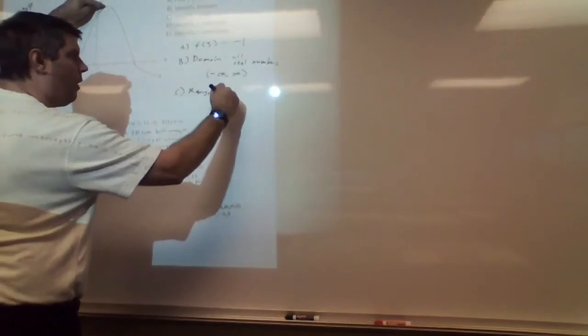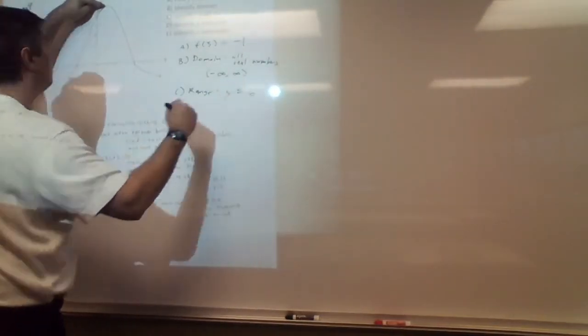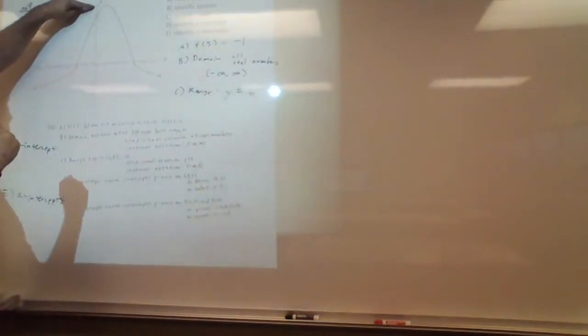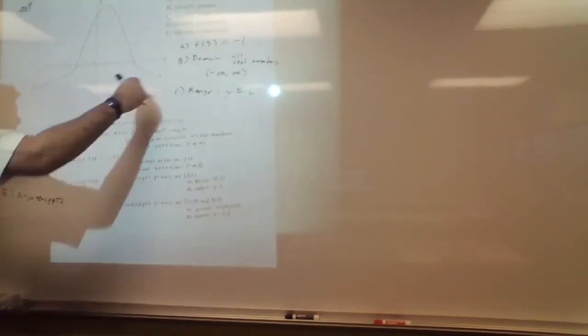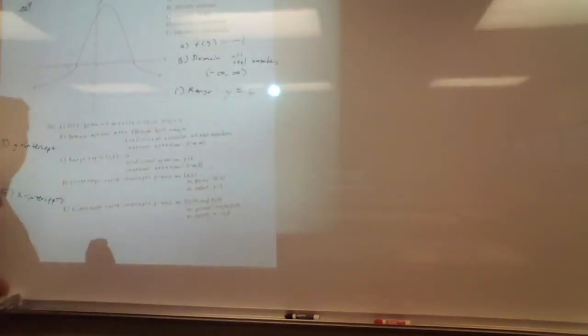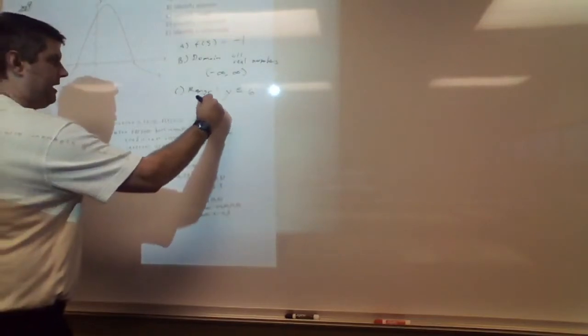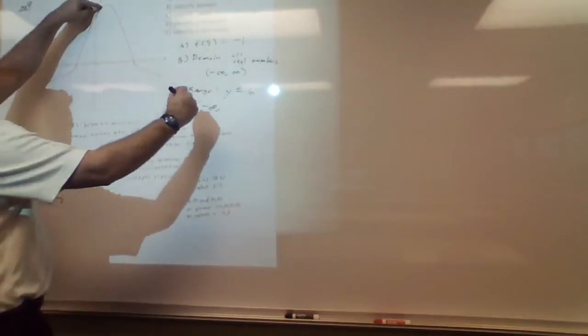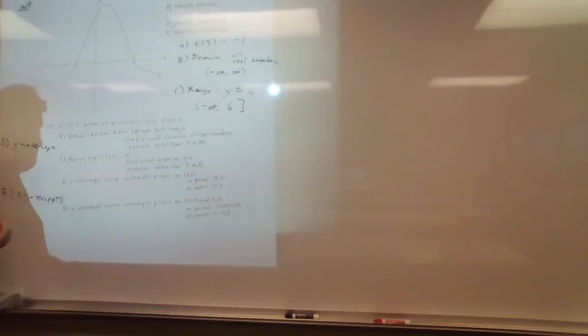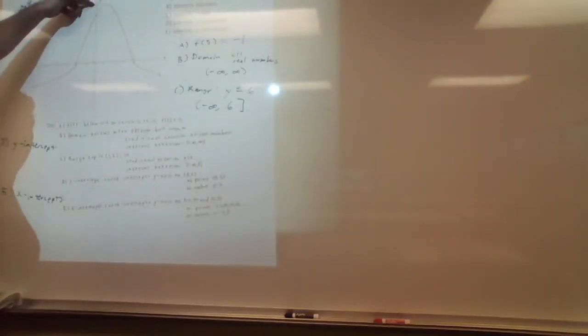So y is less than or equal to 6. That's the upper limit, but there's no lower limit. In interval notation, the lower limit would be negative infinity, but the upper limit would be 6. That's the highest y-coordinate we can have.